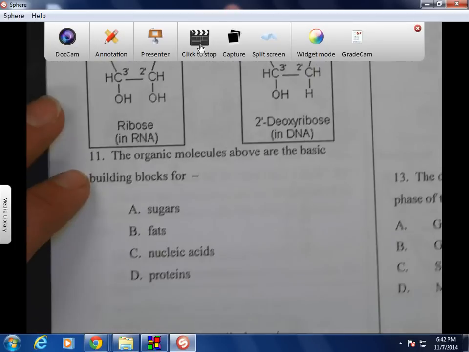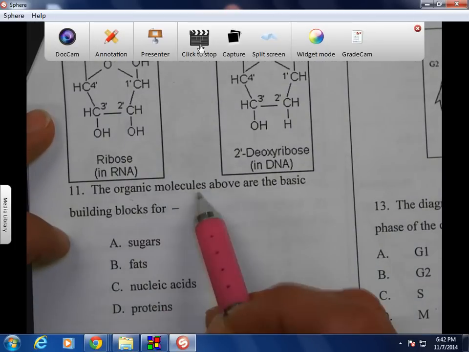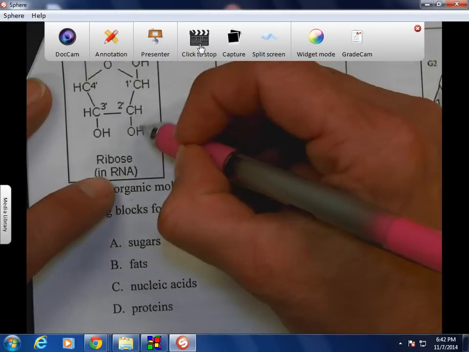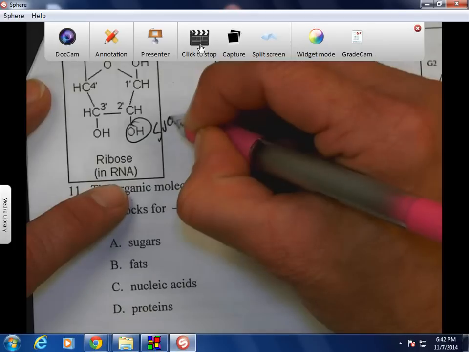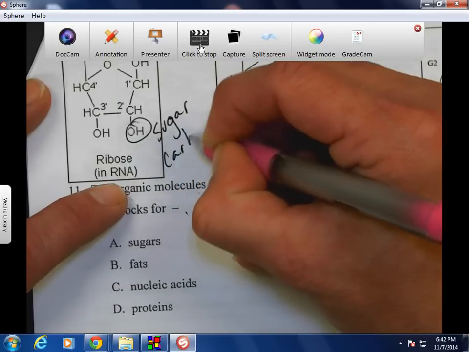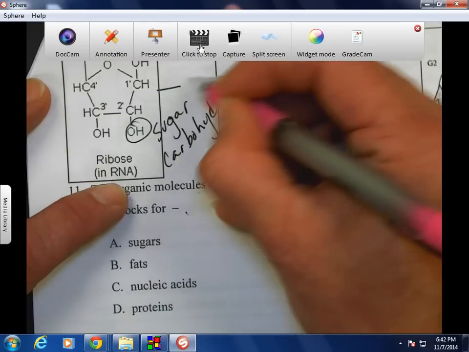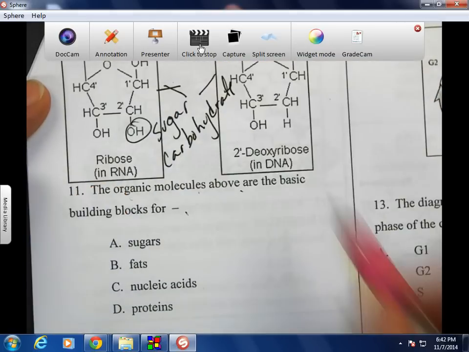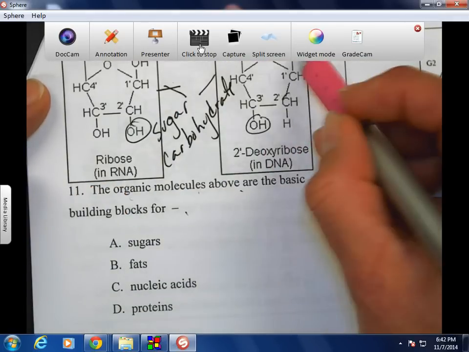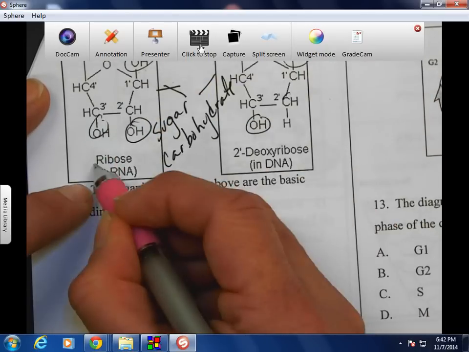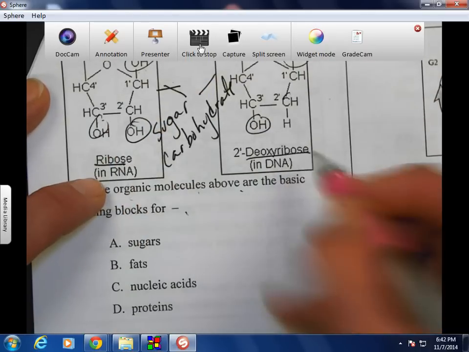Number 11, it says the organic molecules above are the basic building blocks. So I know that this is a sugar. It's a carbohydrate. Both of these are, because they both have a lot of hydroxide groups. This is a ribose and a deoxyribose.